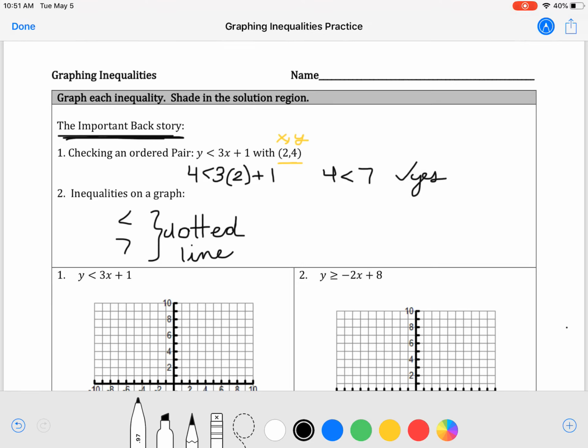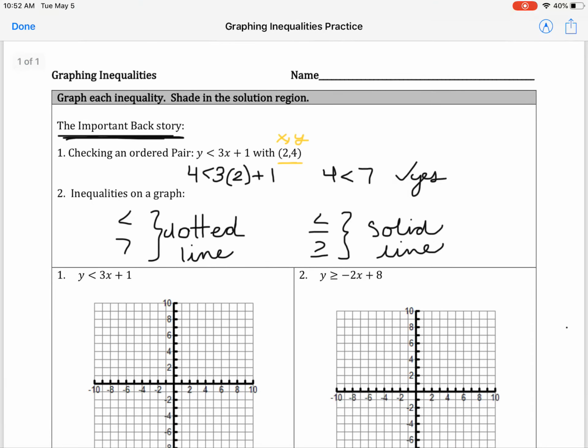So, a dotted line. If I'm looking at less than or equal to or greater than or equal to, that's when I'm going to use a solid line. So my solid lines are going to be less than or equal to or greater than or equal to. And you're going to see how that plays out in a second as we scroll down.